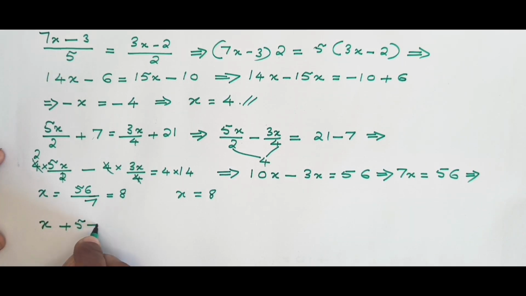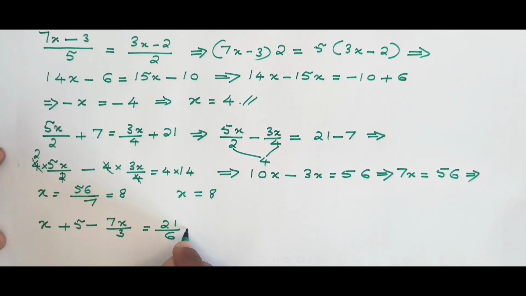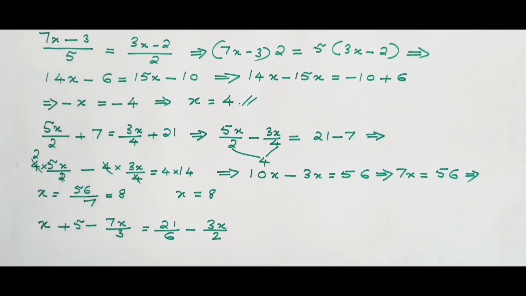x plus 5 minus 7x over 3 equals 21 divided by 6 minus 3x divided by 2. In the first step, here again you can't go for cross multiplication straight away because you have fractional parts and non-fractional parts.